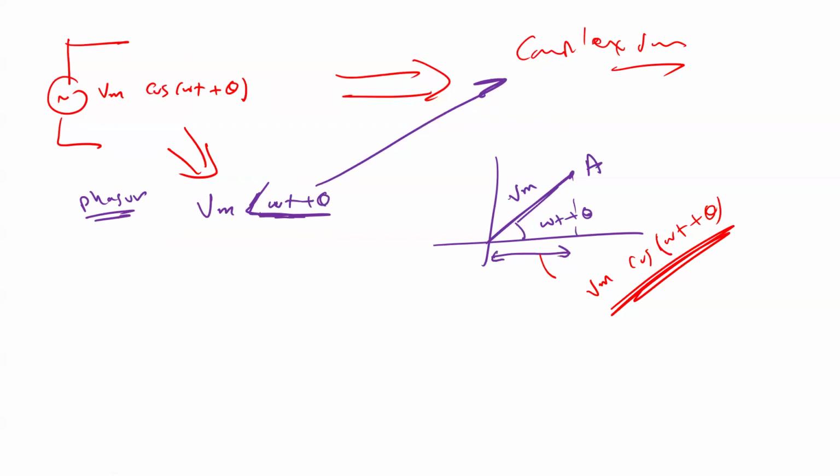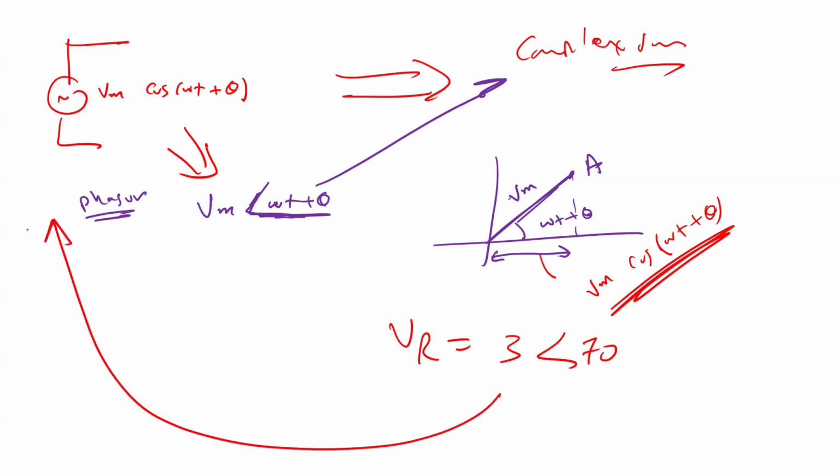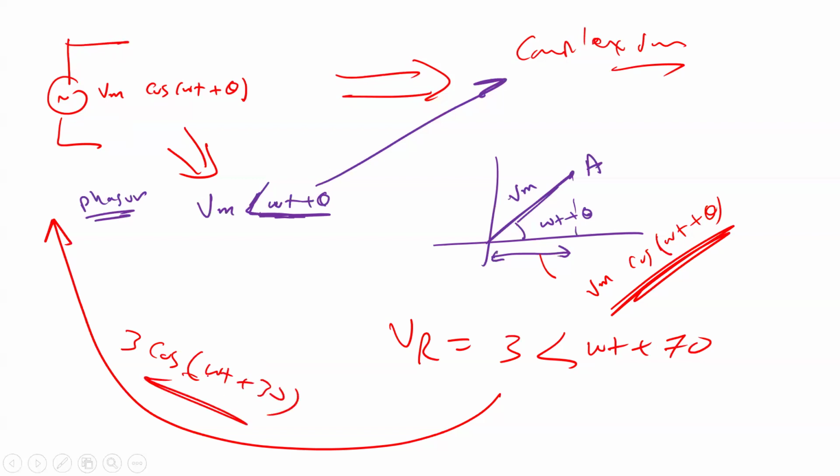But when you go back, for example, after I find the voltage over a resistor, equal to 3 with angle 30, I'm going to take only the real part, so this should be 3 cosine omega t plus 30. So if you have a source like this one, I'm going to represent it as a phasor and use it in the calculation.